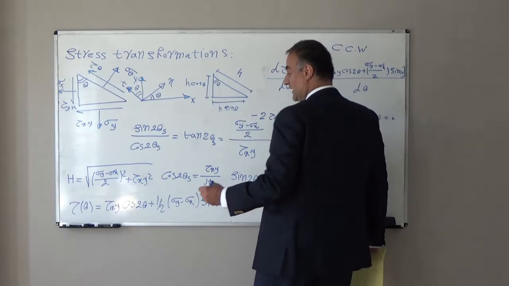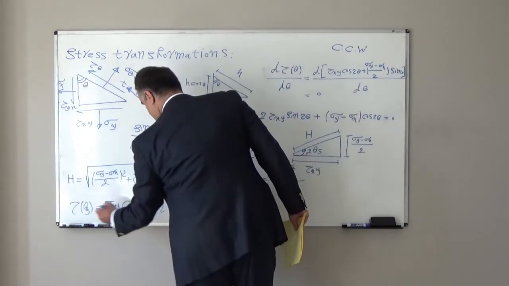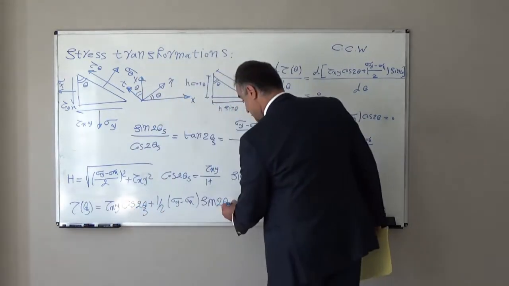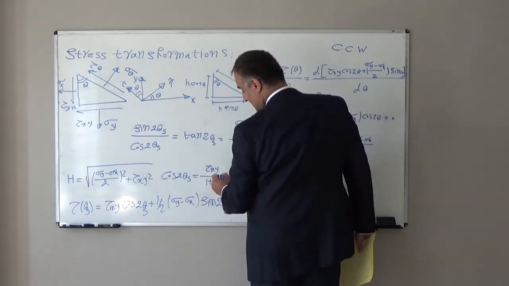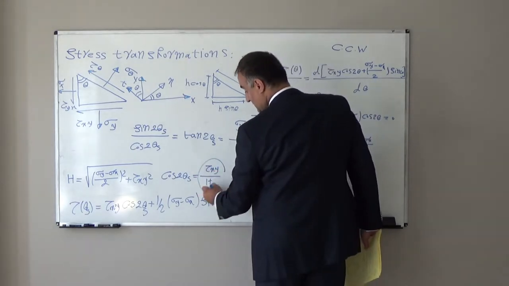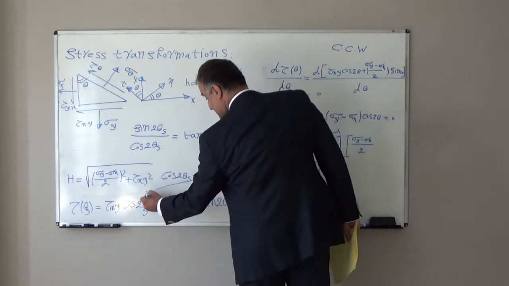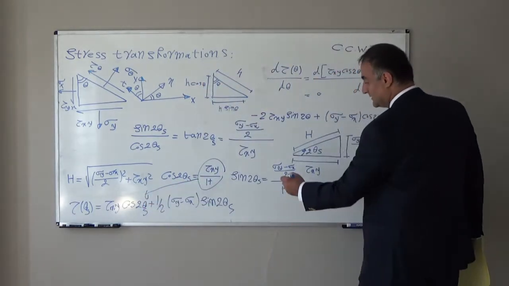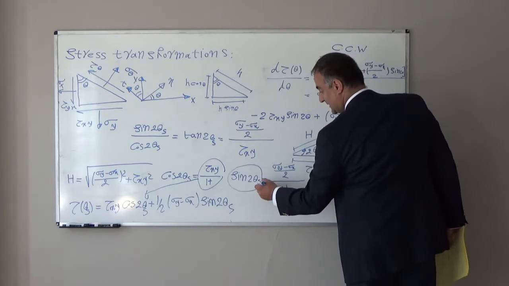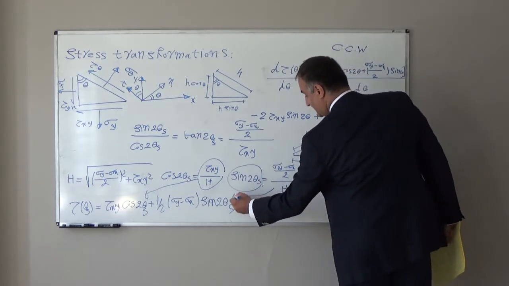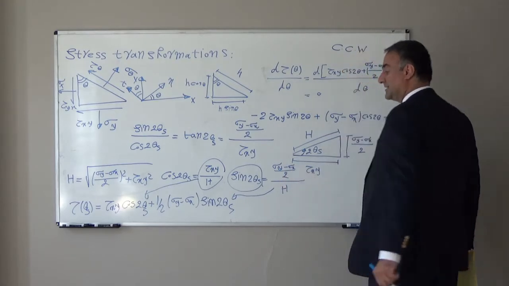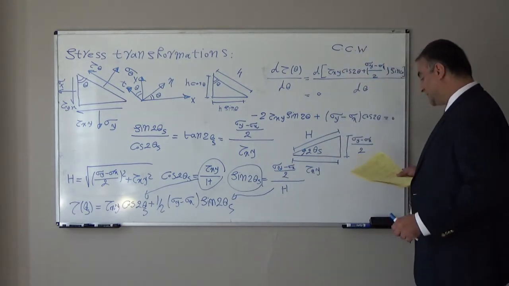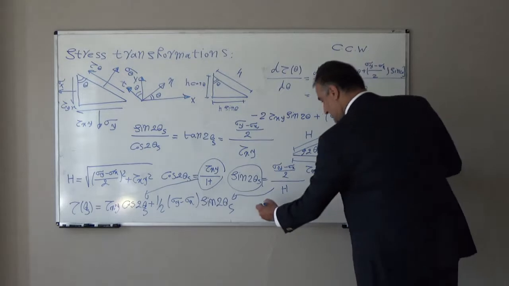For the maximum, this will be theta s, and here you can plug in, instead of cosine 2 theta s, tau xy over H, and instead of sine 2 theta s, sigma y minus sigma x over 2 over H. If you do that, you will end up here.